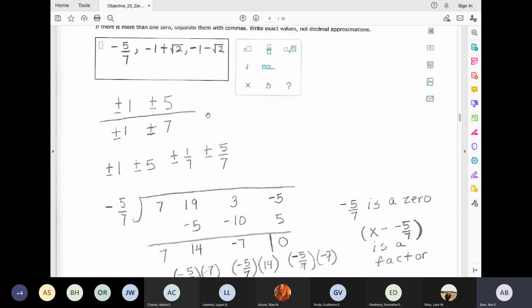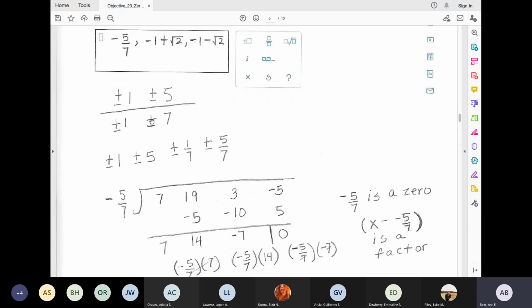So I just wrote it like it had a denominator. Now we want to find all the possibilities. Let's take 1 over 1 and put a plus or minus out in front. Let's take 5 over 1 and put a plus or minus out in front. So I did both the 1 and 5 up here just over 1 first.